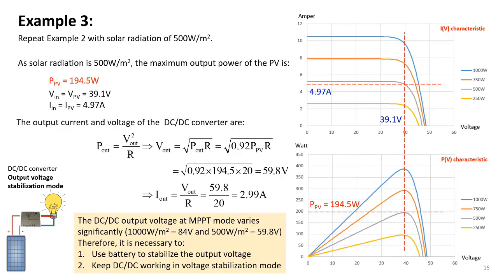Therefore, in order to utilize the most incident solar power, it is necessary to store the redundant solar power into batteries, or we must force the system to work in the voltage stabilization mode rather than the maximum power mode only. Only with this way, we can protect the electrical load or select the suitable ones for our PV systems.